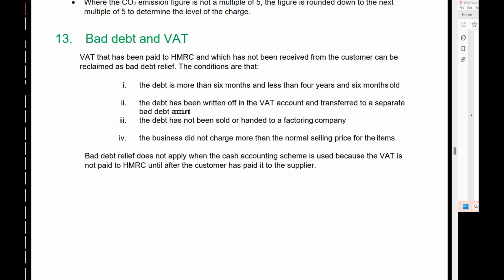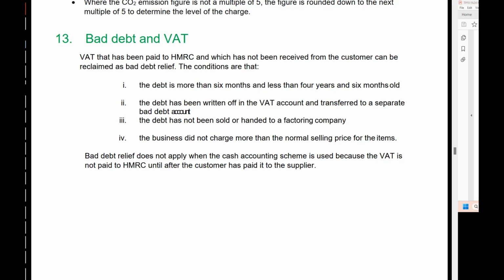First one, the debt is more than 6 months overdue and less than 4 years overdue. So it can't just be, oh yes, well, they were supposed to pay us last week and they didn't. It has to be more than 6 months, but less than 4 years old. That we've done a double entry, so we've actually written off the debt in our books.